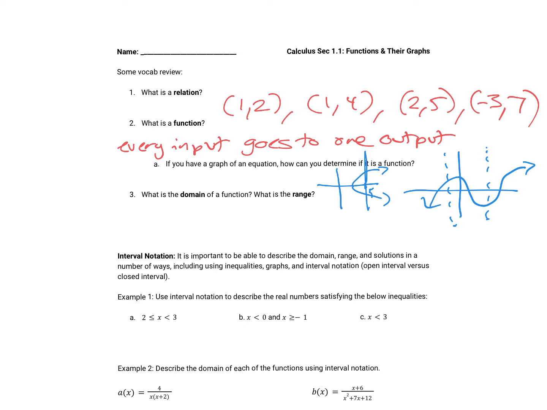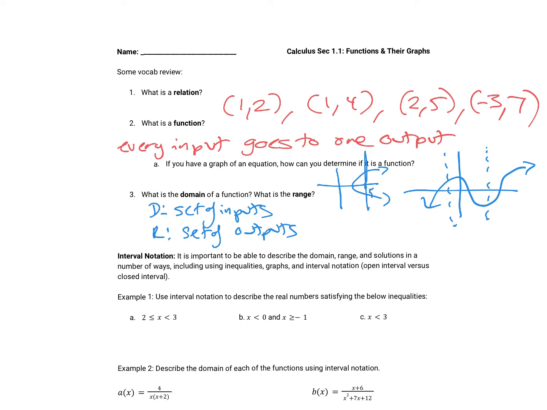The domain, as you probably know from previous classes, is the set of inputs, whereas the range is the set of outputs. And what we're going to be interested in, in terms of a domain, is what it can't be.